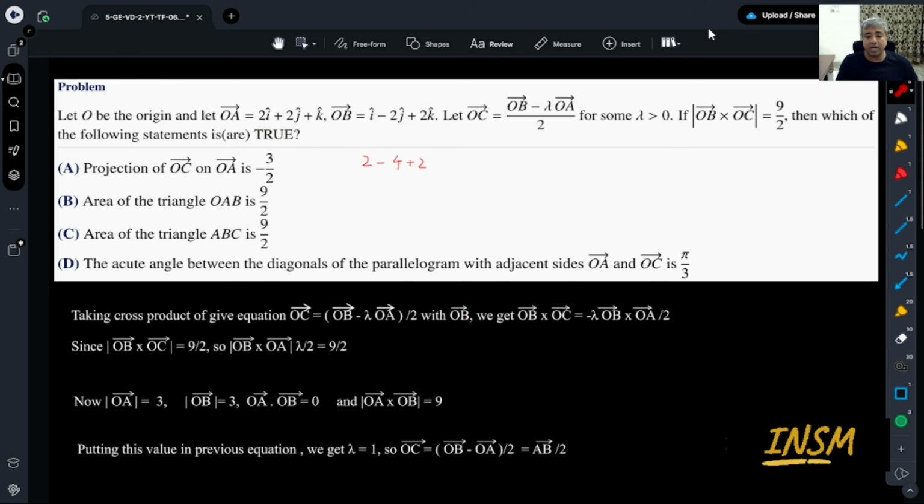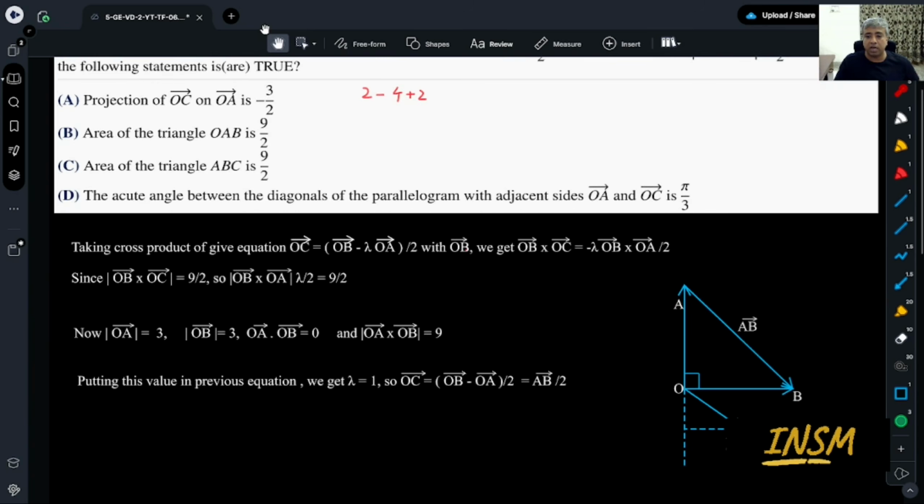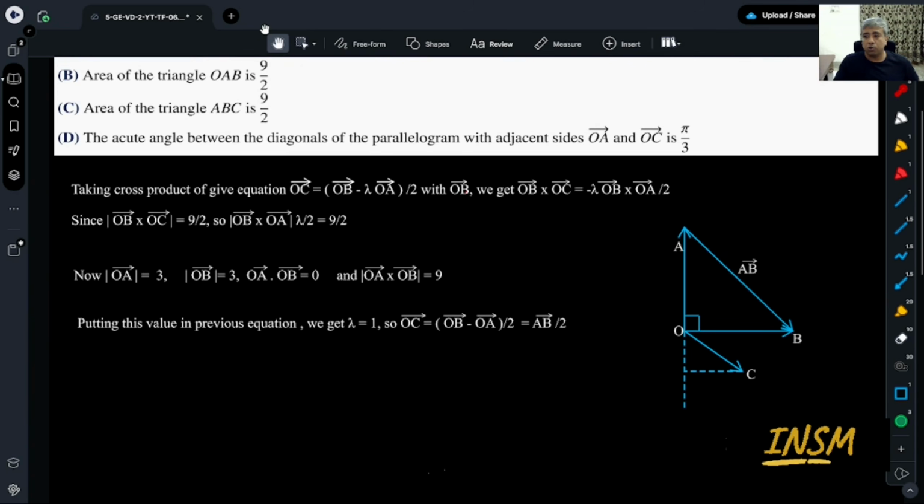You can directly find this from the given information and using this diagram. Just try to roughly sketch OA and OB in a 2D plane because they are coplanar. OA is 3, OB is 3, and they both are equal as well as perpendicular. So OA cross OB would be simply mod OA times mod OB, which comes out to be 9.